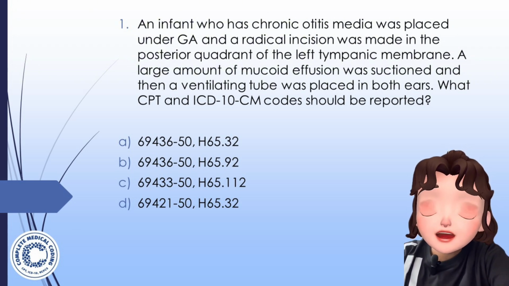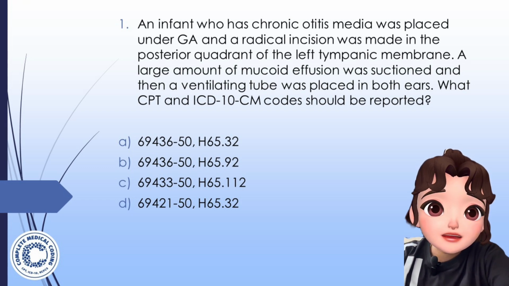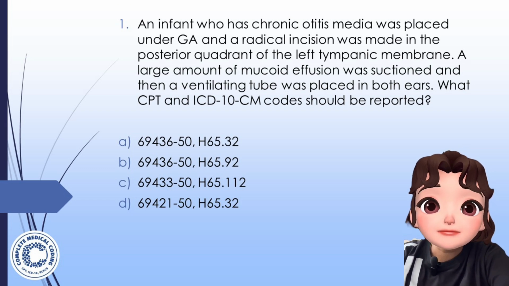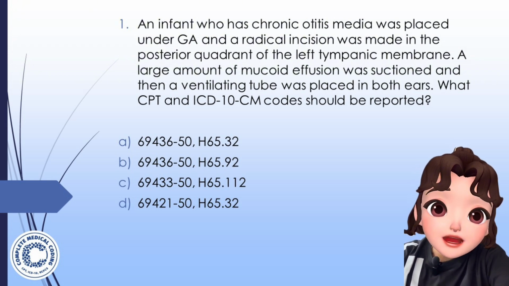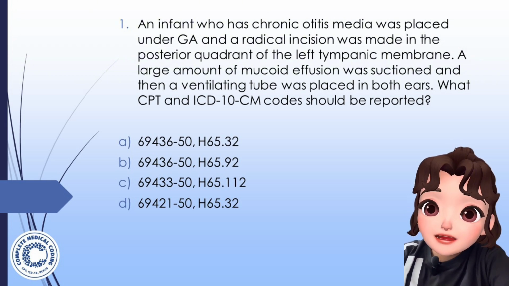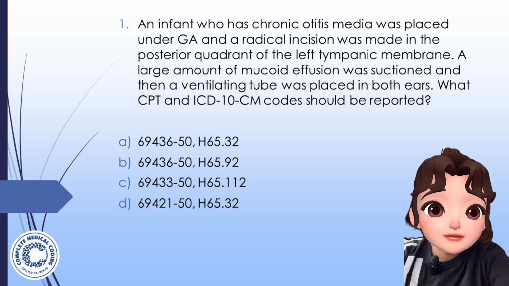So in the diagnosis, it is not both ears, it's only the left tympanic membrane, which represents chronic otitis media of the left ear. So our ICD code will be H65.32. What is H65.92 in option B?